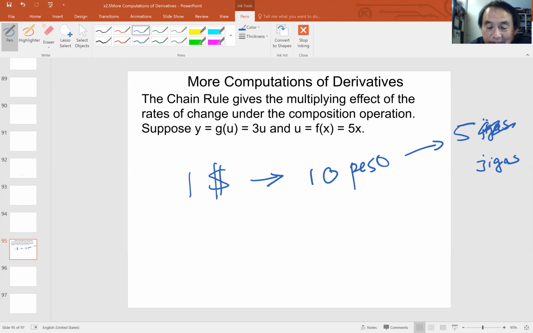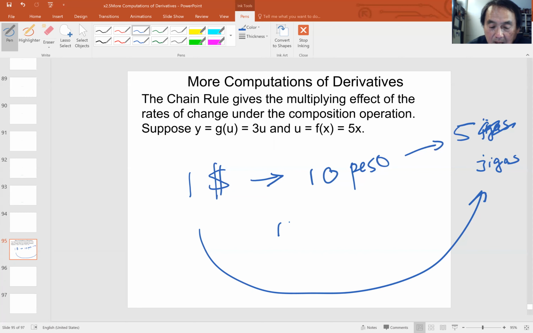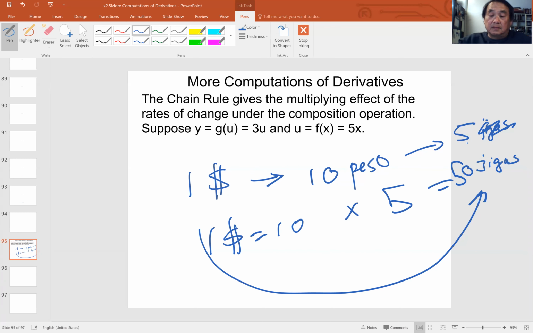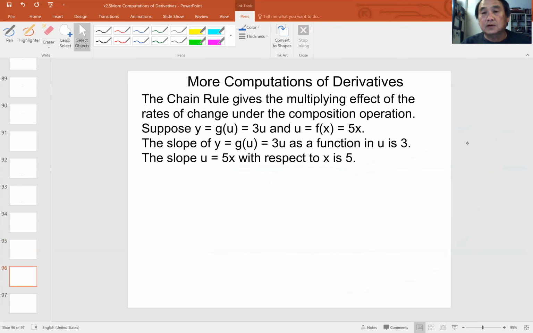Gigas, yeah. So then what's the exchange rate directly from $1 to the gigas? Well, you take the exchange rate of 10 pesos, each peso is 5 gigas, so multiply by 5. Then the answer is $1 is equal to 50 gigas. And this is exactly what composition says.